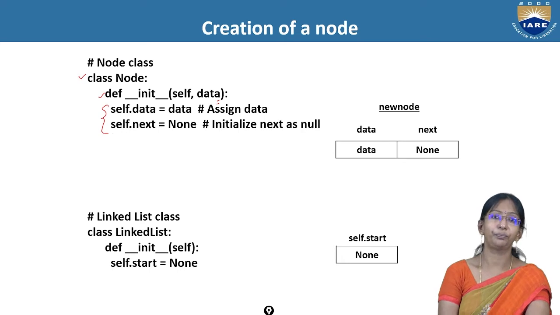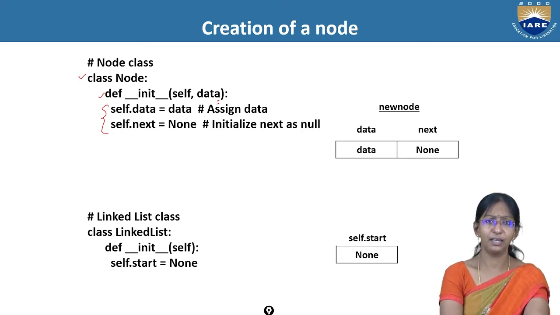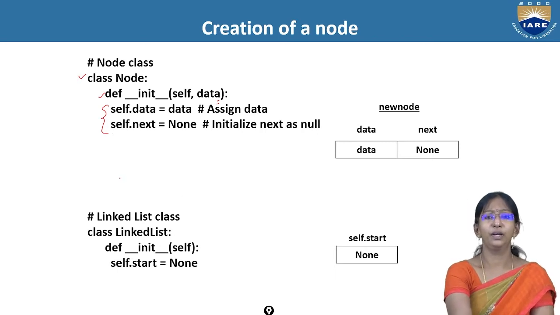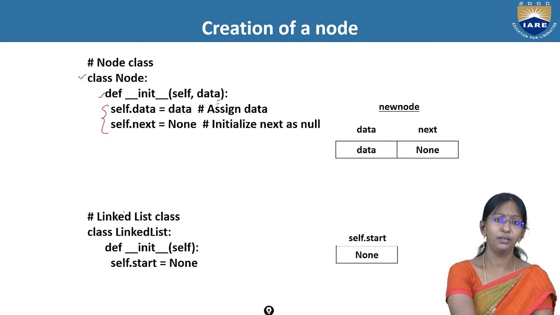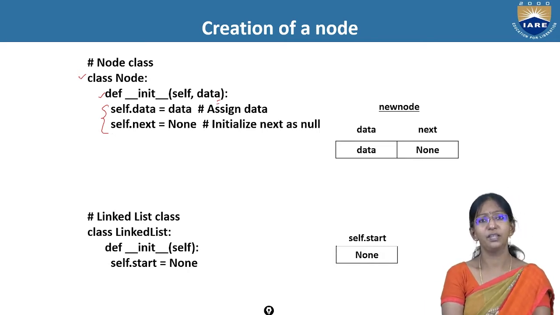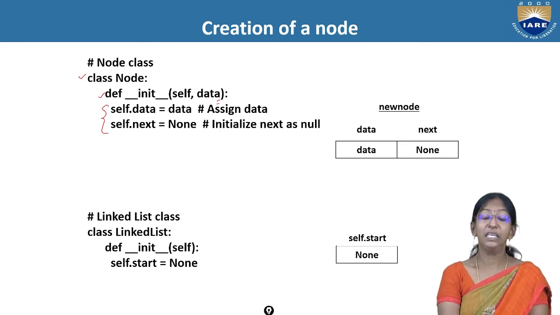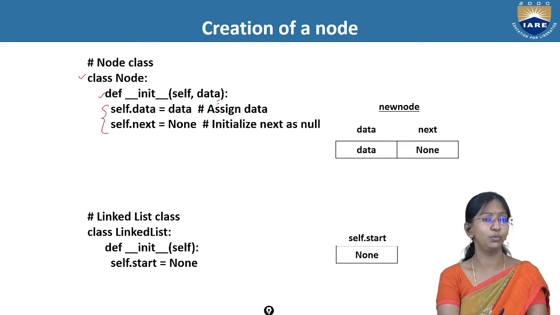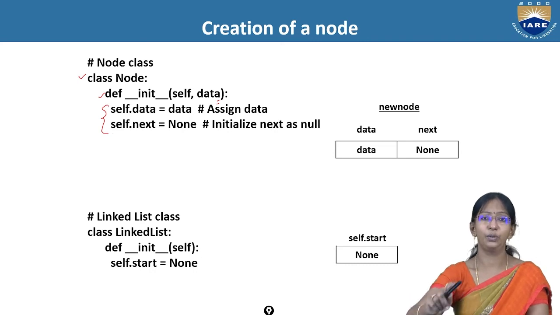overwritten. Coming to the second class, to implement a singly linked list, its constructor is filled with only one pointer, that is start. It is a pointer variable and it holds the address of the first node. Initially, when we start working with the linked list, there is no node to start with, so it is filled with None.